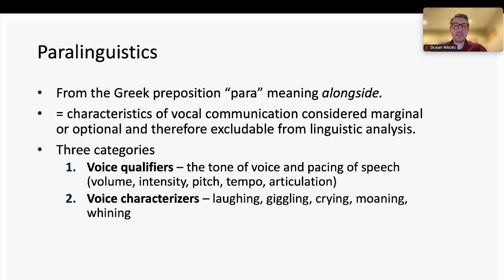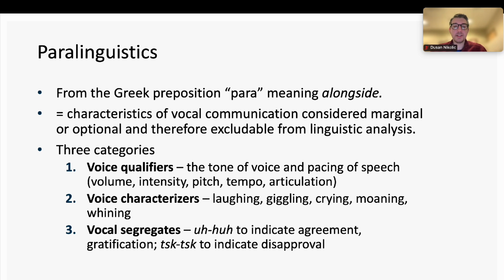Then there are voice characterizers: laughing, giggling, crying, moaning, and whining. Then vocal segregates, to indicate agreement, or yeah, to indicate some kind of listening, right? So all of these are classified as paralinguistic features rather than linguistic features.